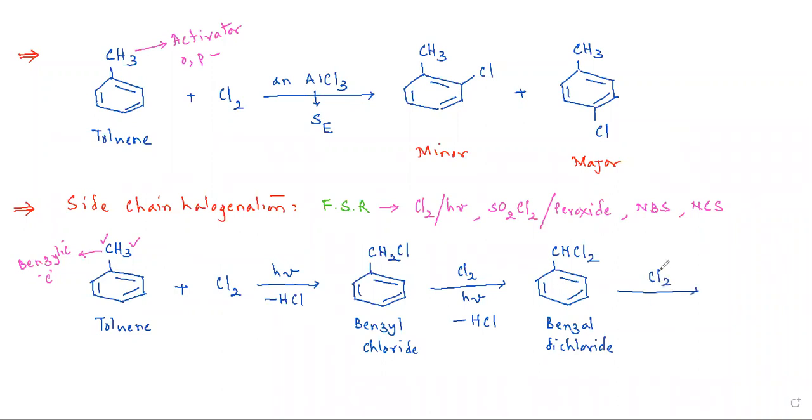Further, we get benzotrichloride. So this is side chain halogenation. Previously, we have seen nuclear or ring halogenation.